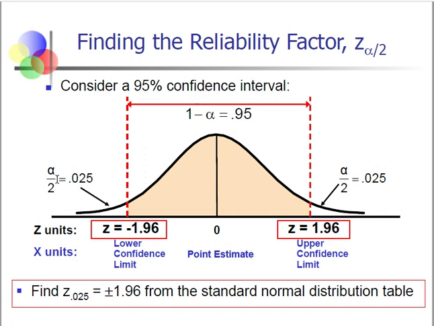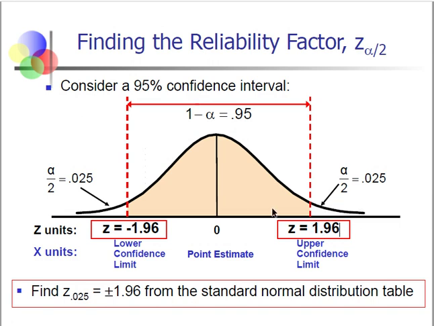But we have two sides, so we divide this alpha 0.05 by 2, and we have 0.025. This is the area on this side, and it is also the area on the other side. But we're interested in this value that demarcates the area we're interested in and the area that remains. And this we can find from our table.